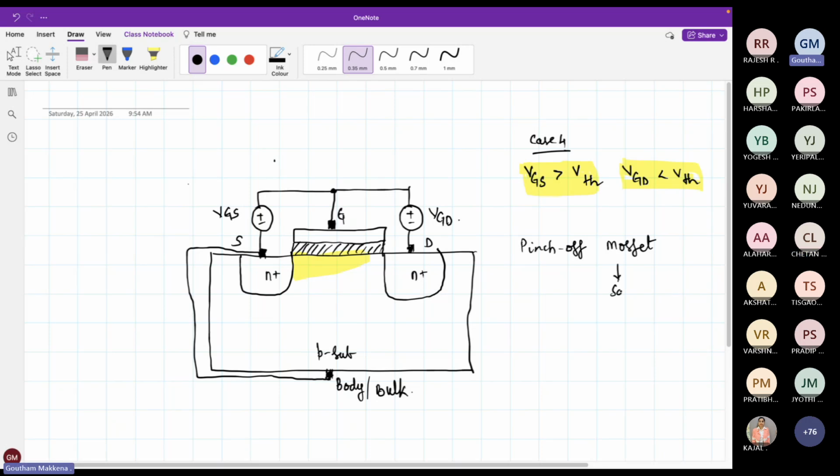It is actually called the saturation region. Anyways, I'll summarize this later. I think it was too early to invoke this region. Anyways, let me erase this. Sorry for creating confusion.